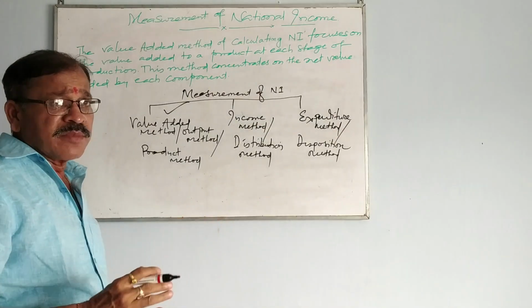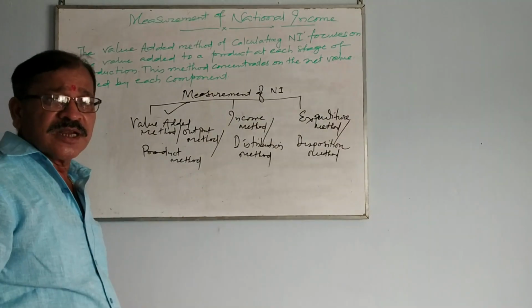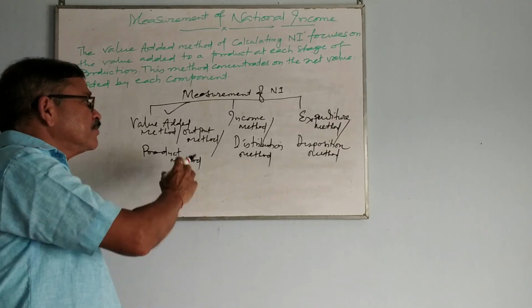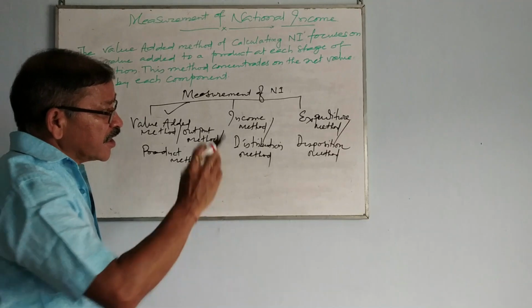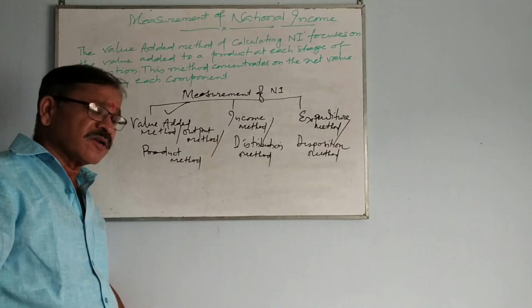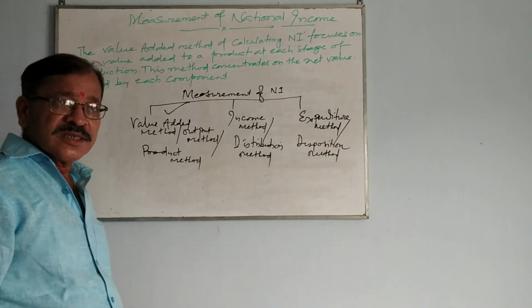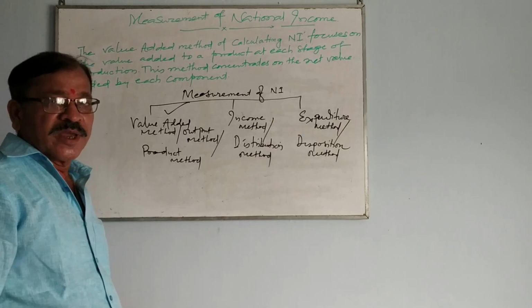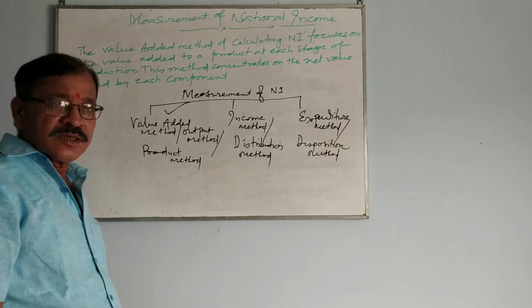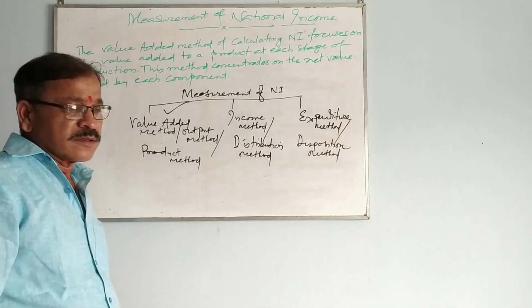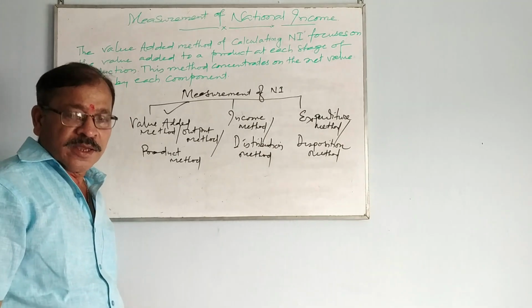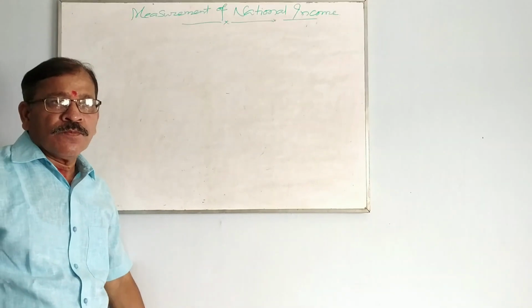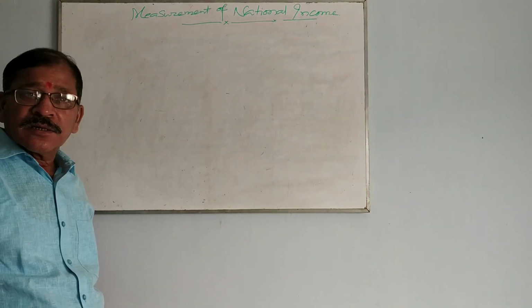Basically, what my experience tells is that children say income method is easy, value added method is difficult, expenditure method is still difficult. It's not like that. All methods are easy, provided you pay attention and you learn the formulas. Every formula is easy and you can calculate easily. So we discussed value added method.